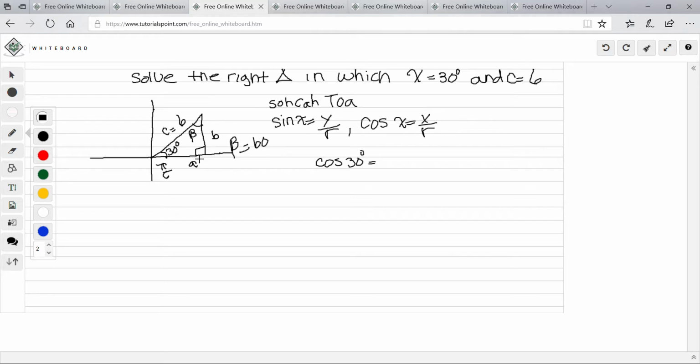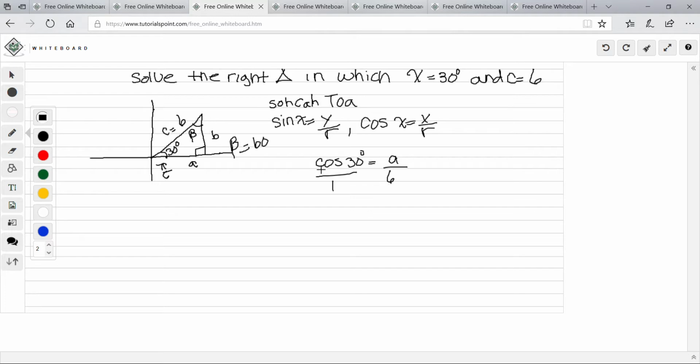So we know our x value is a. It's also our adjacent value, right? And then over hypotenuse or over radius. So we said our hypotenuse is 6, because that was given. And then put a 1 under here.